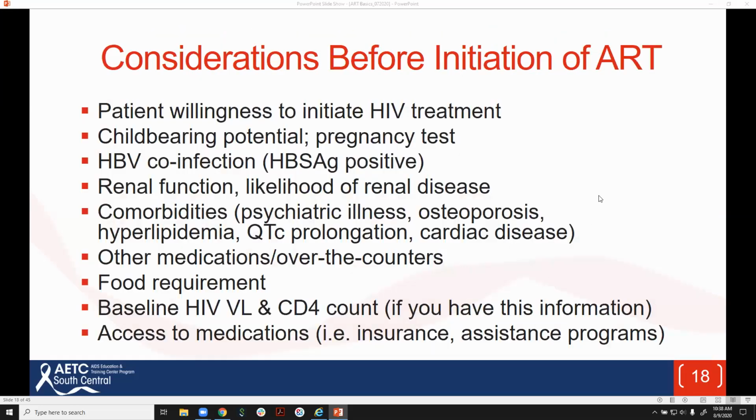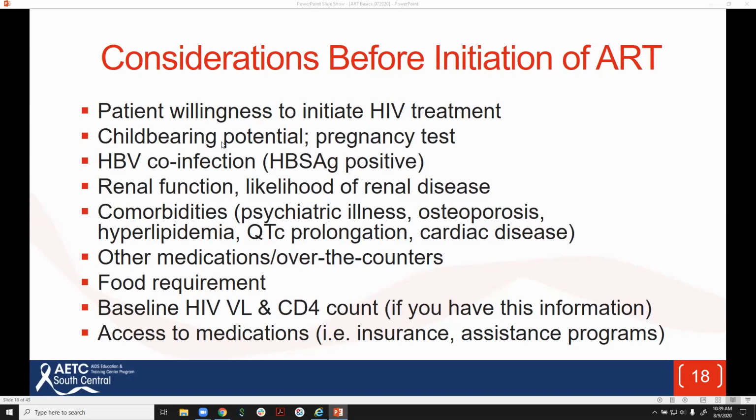So what are some considerations we need to make before initiating antiretrovirals? Is the patient willing to take the medication? That is always, of course, key. Patient autonomy. We want to reassure patients that the medications are well tolerated, that they can do it, and that it will be covered by insurance.